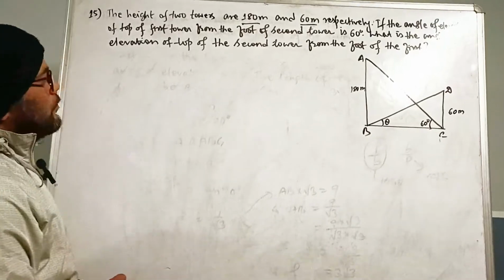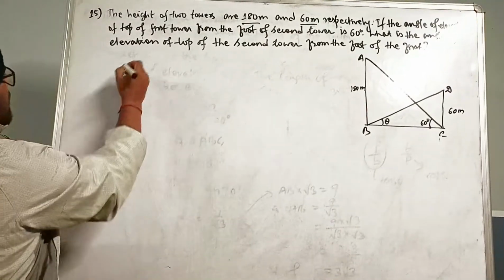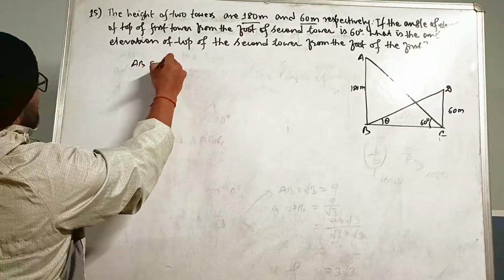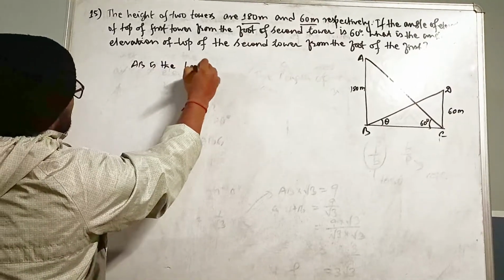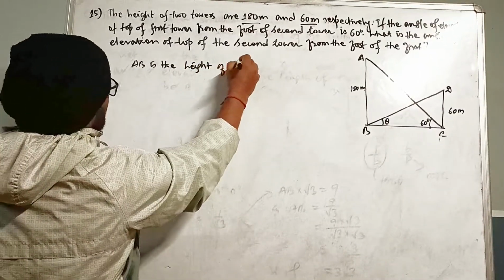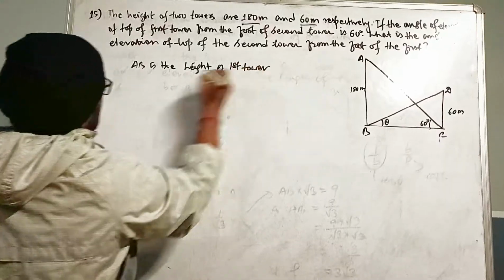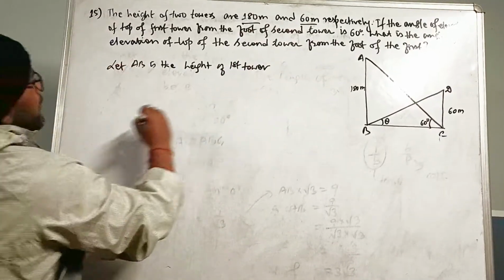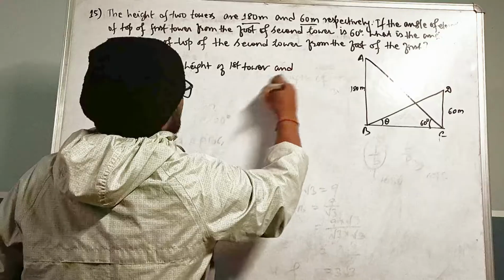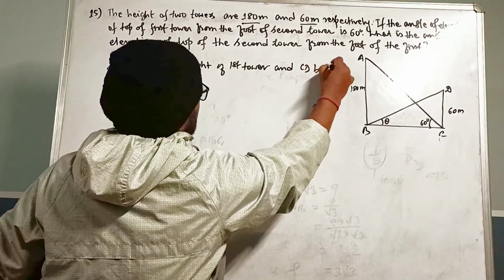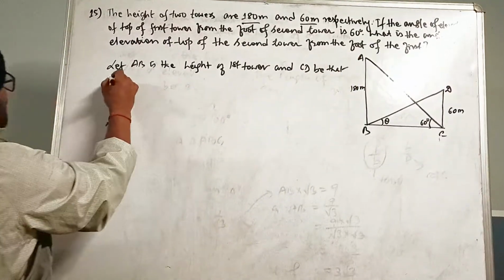You know how you are supposed to write the sentence. Just write it down: let AB be the height of the first tower and CD be that of the second tower.